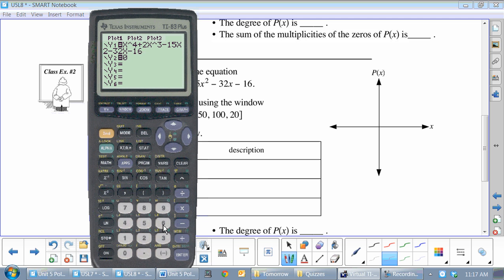Okay, and then look at it one more time. Make sure you got it right. 2x squared minus 15x. I don't have my squared. It should be a squared. Minus 32x minus 16. So window: negative 6, 6, 1, and negative 150, 100, and 20. And graph.